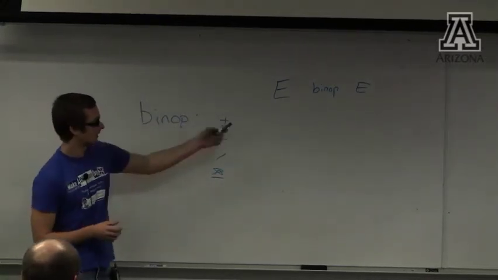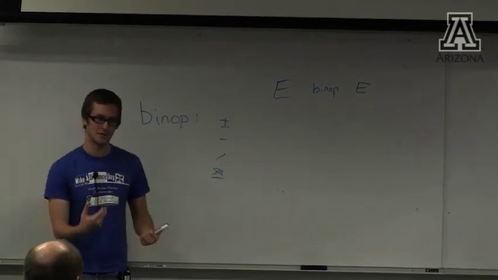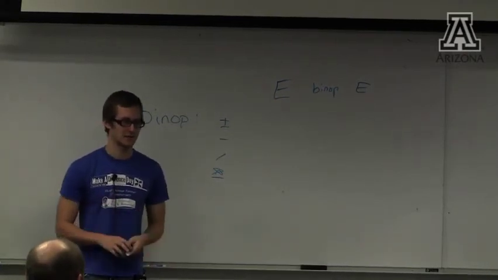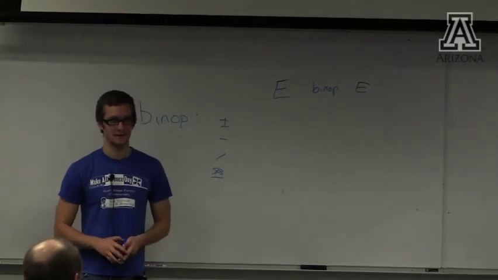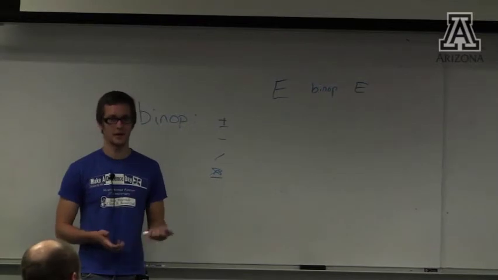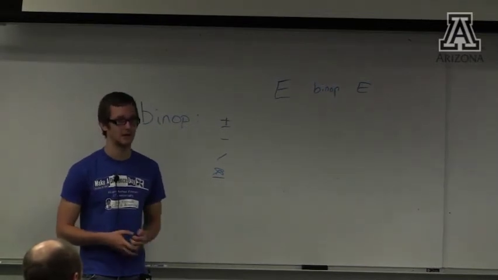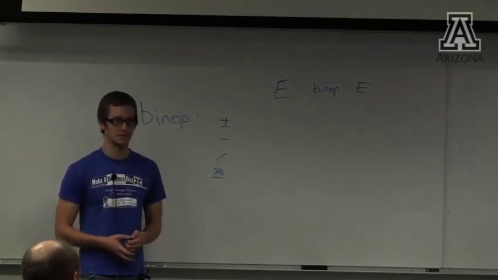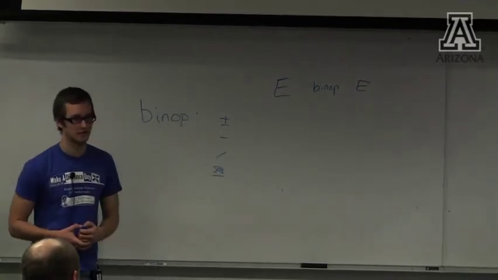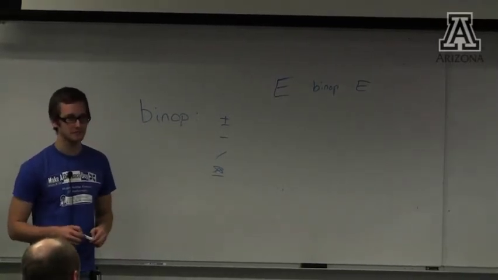When I say E binop E, one of those is a plus and one of those is a divide, and it can't inherit both of those precedences. So it inherits neither. So it could inherit the smallest one. That's an idea, but what would that do for us? Nothing. It would just continue to not work. We just have a bunch of conflicts again.